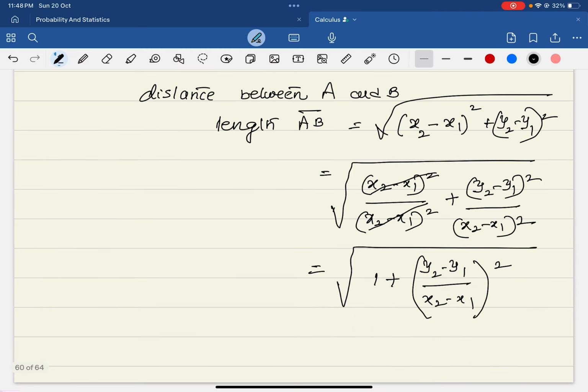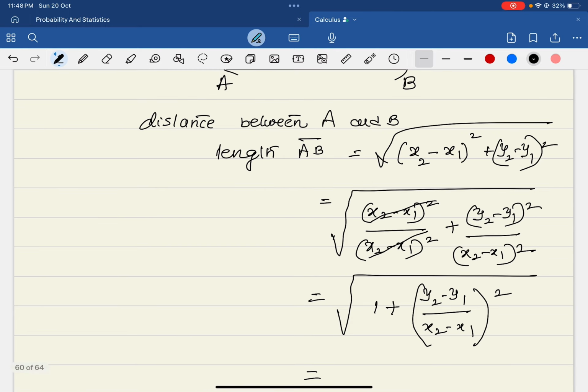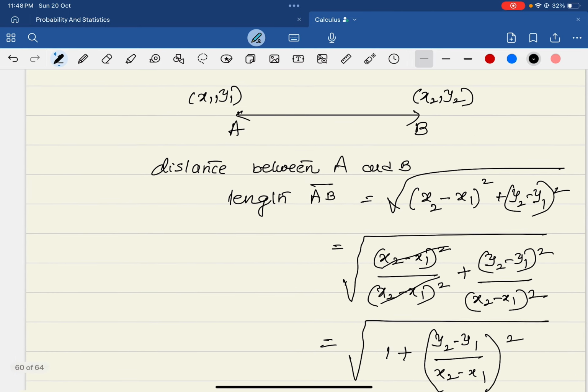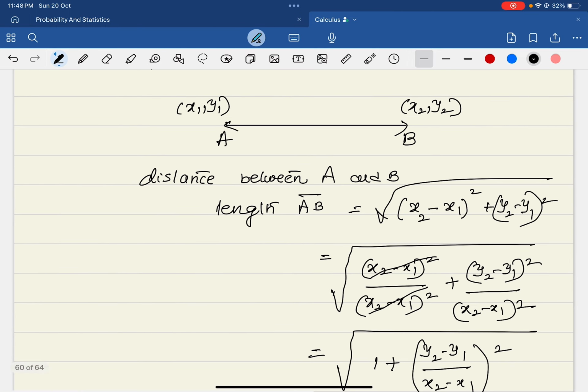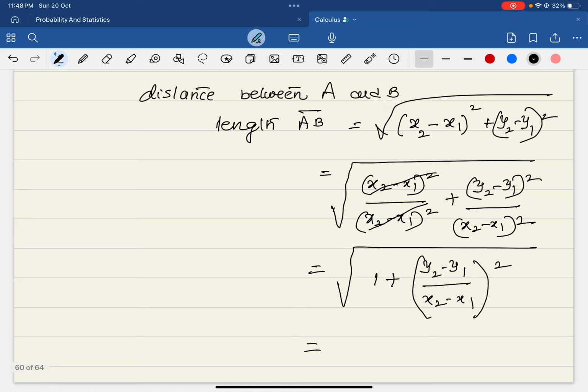Now, what is this (y2 minus y1) by (x2 minus x1)? This is nothing but the slope of the line segment AB, where y2 minus y1 is the change in y, the change of the function when there is a change in x. So it is nothing but the rate of change of y with respect to x.